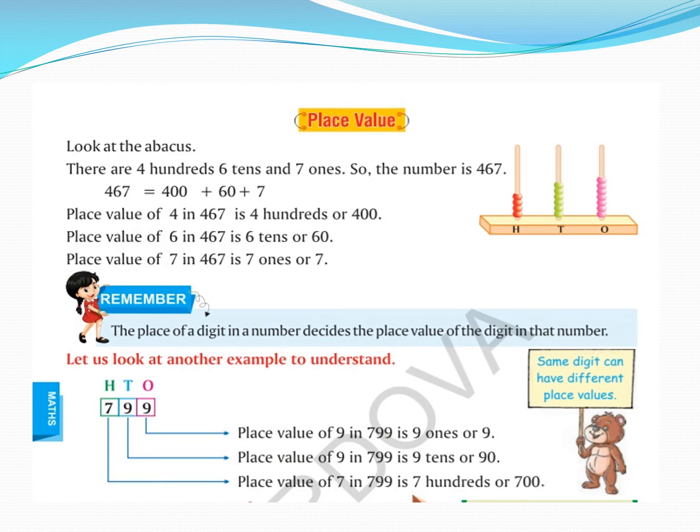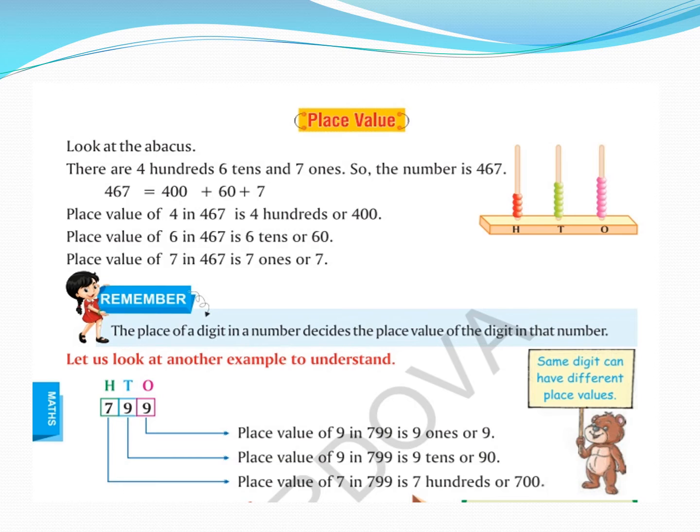So therefore, we can say there are 4 hundreds, 6 tens and 7 ones. So the number will be 467.